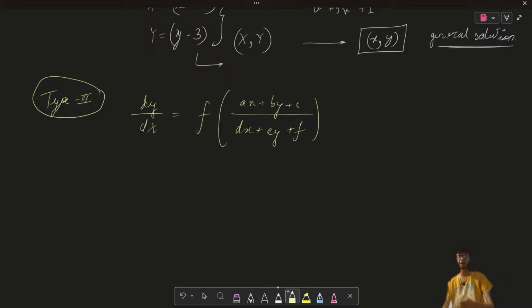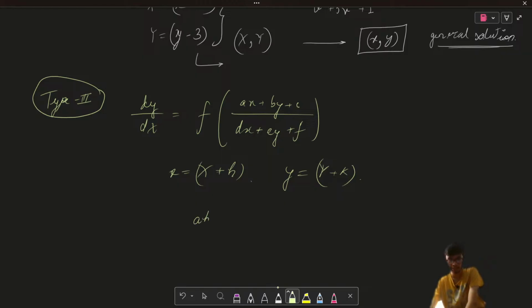When we try to find the values of h and k by doing the transformation, x equals capital X plus h and y equals capital Y plus k, I try to find the values for h and k by putting the modified constants equal to 0. So this is our general approach.